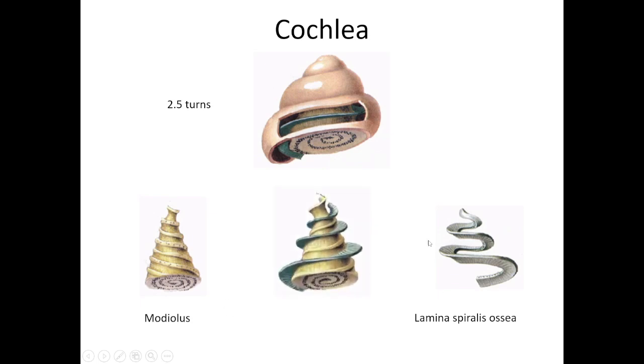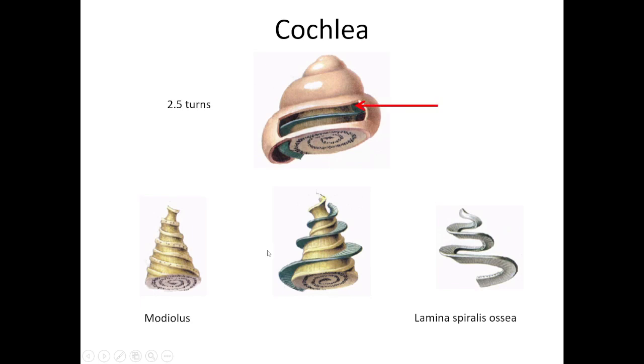So when we connect lamina spiralis ossea and modulus, this picture could be seen. So it is inserted to the shell of the cochlea, and this is the main structure of it.